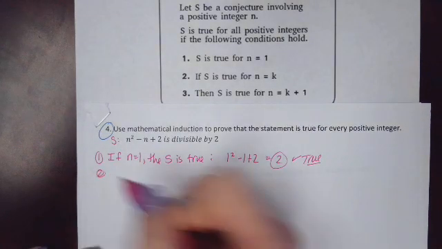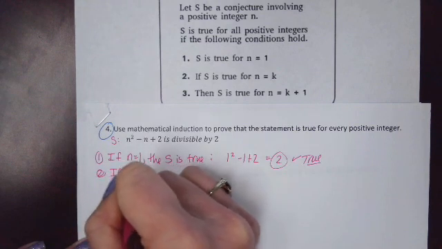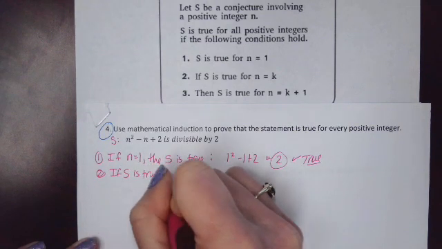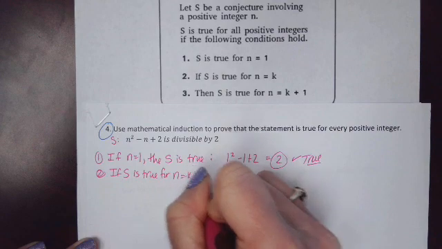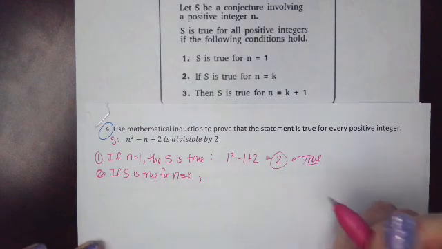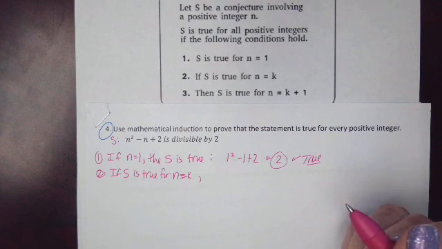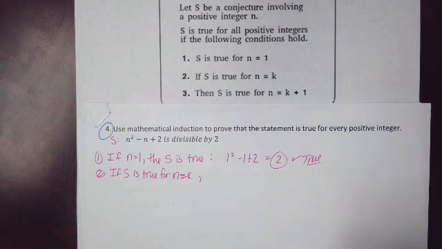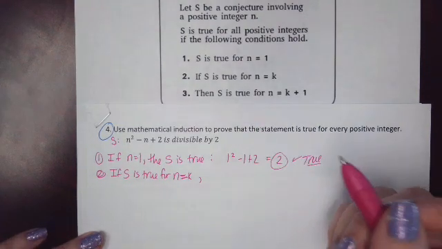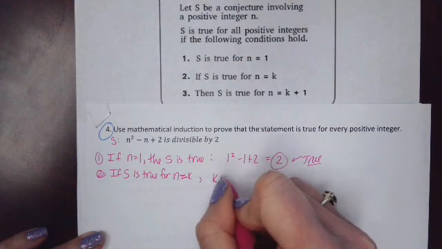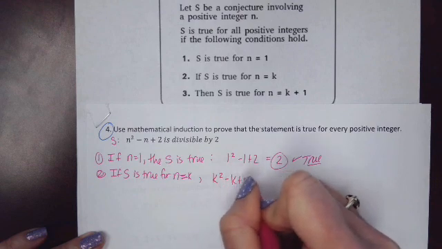And then my second step, if S is true for n equals k, and I'm going to show what that looks like. If S is true for n equals k, then, I'm sorry, I got distracted. I would have k squared minus k plus 2.